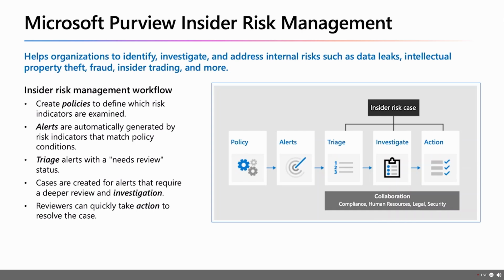There are a number of different policy templates that you can choose from, or you can create your own to alert you when some type of suspicious activity occurs. Then they can guide you through the investigation and corrective actions. Sometimes it's just a matter of reminding an employee of the policy, or it may require a full investigation.